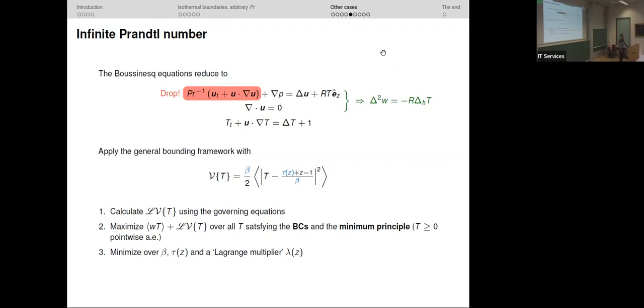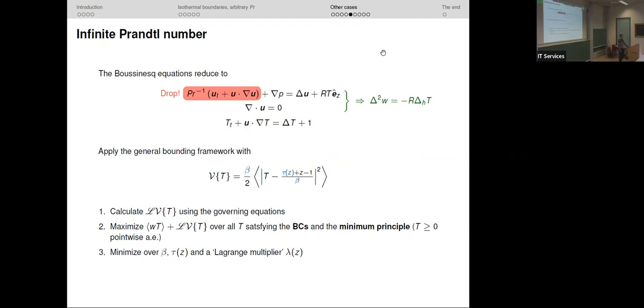The problem is that depending on what the heating profile is, one may or may not have this minimum principle on the temperature. That's one potential issue. But we've started to look at that. There are some preliminary results that we have, but again, we haven't really explored in too much detail what the effects of the shape of the heating profile is. But it's certainly possible to extend at least some of these results.